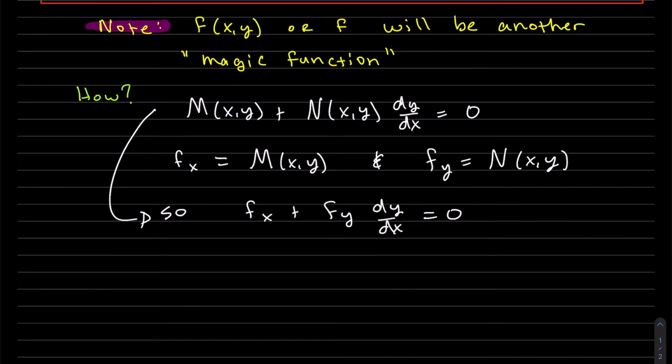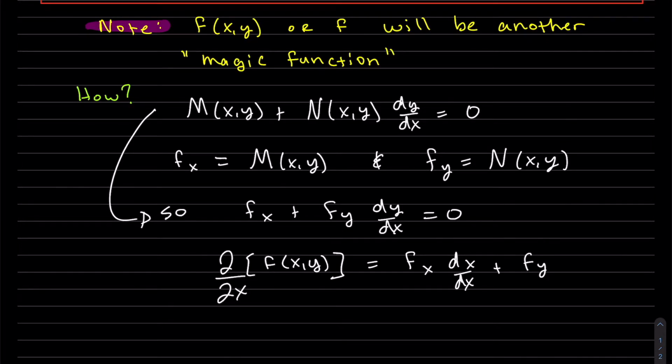We're going to take the partial of f of x,y in terms of x, and we'll have to use the chain rule. Using the chain rule, we have f_x times the derivative of x in terms of x, plus f_y times the derivative of y in terms of x, both in terms of x.